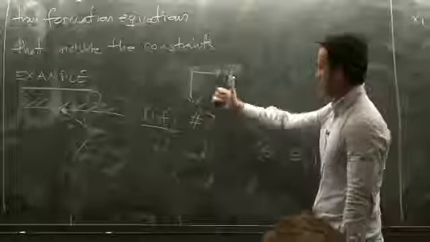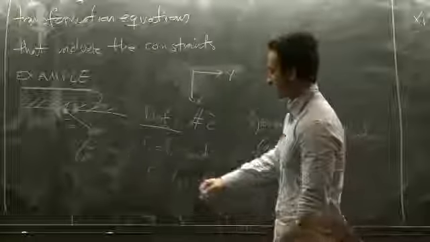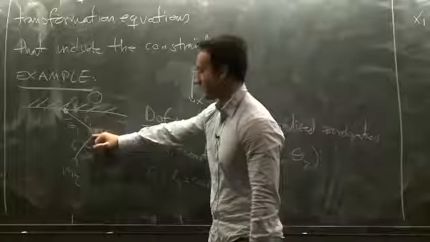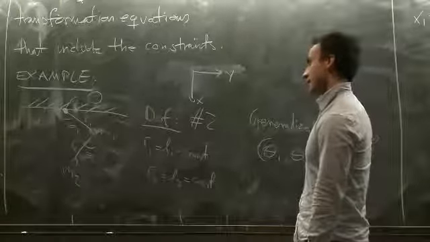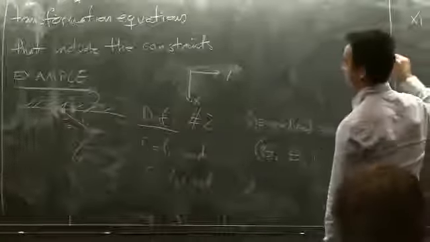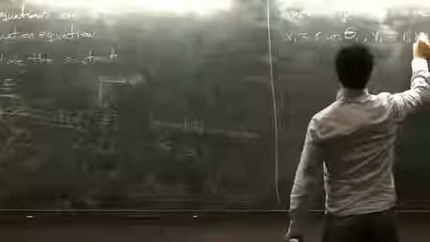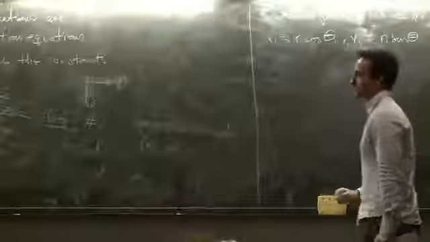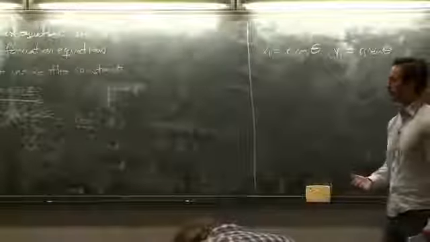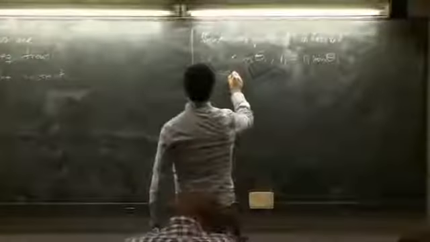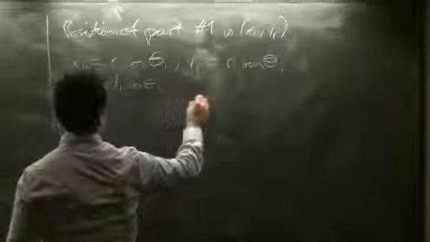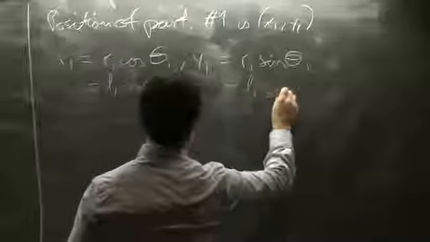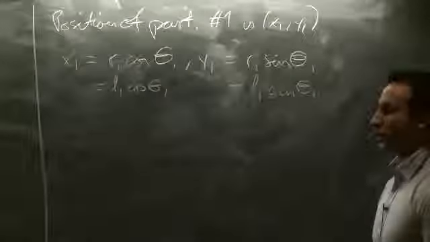Okay, so x is going down, y is in this direction. So we see then that the x position of particle 1 should then be r1 cosine θ1. y1 should be r1 sine θ1. These are just polar coordinates. But in fact, this is just L1 cosine θ1 and L1 sine θ1.